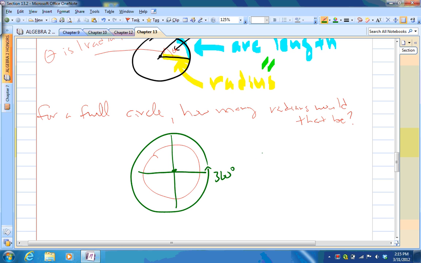So, circumference, hopefully you know, is 2 pi r. So the arc length of a full circle is 2 pi r.